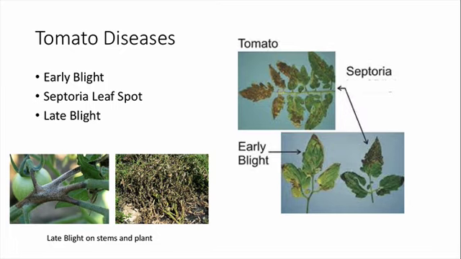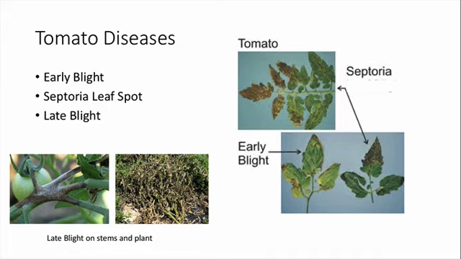Also somewhat ubiquitous is early blight, and early blight causes more of a necrosis, where septoria is spots. Early blight is more like marginal leaf necrosis and into necrosis of the leaves, and that can be pretty serious and really keep your tomato harvest much smaller than it would be without the early blight.